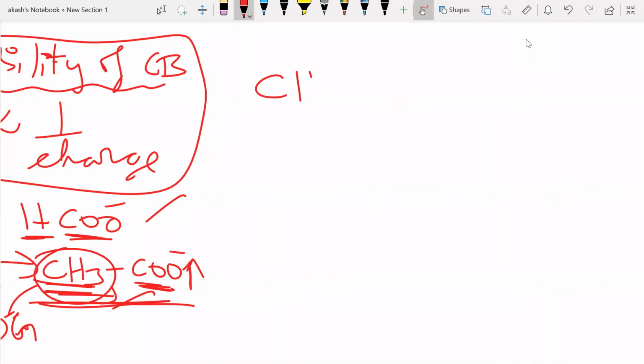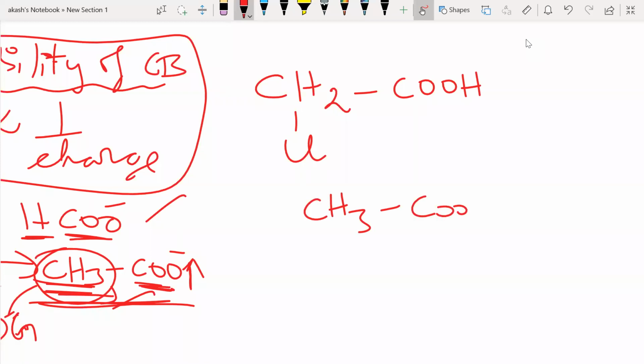Say, if I have these two, quickly tell me which is a better acid.